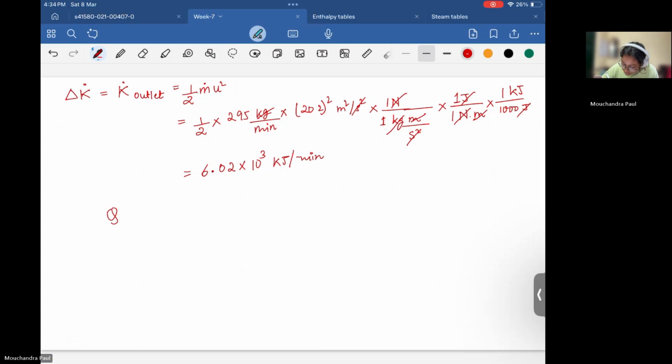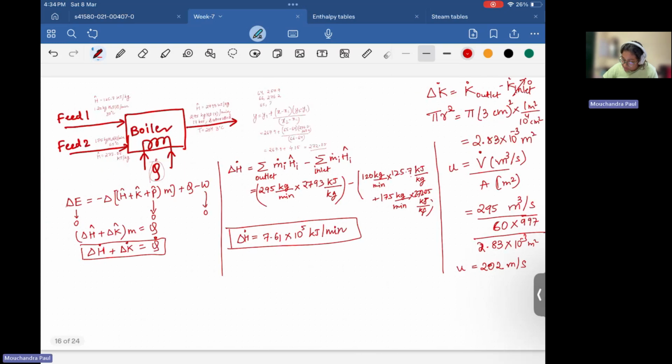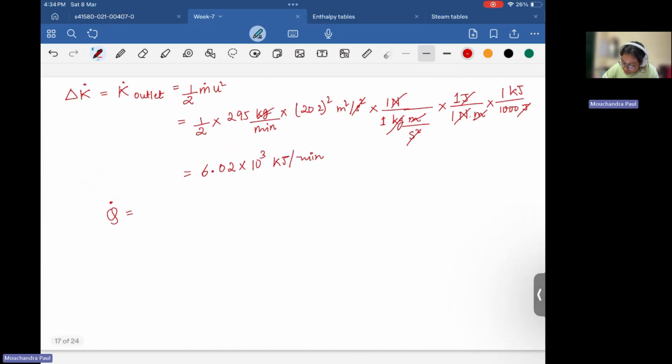So Q dot is then 7.61 × 10 to the power 5 plus 6.02 × 10 to the power 3.